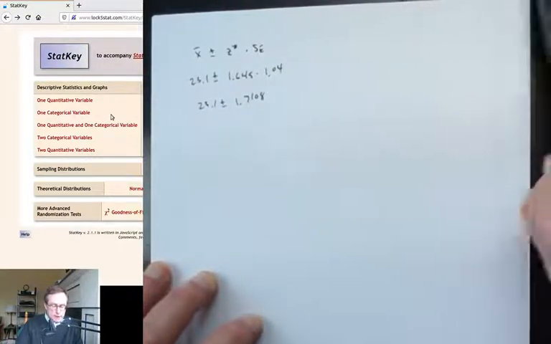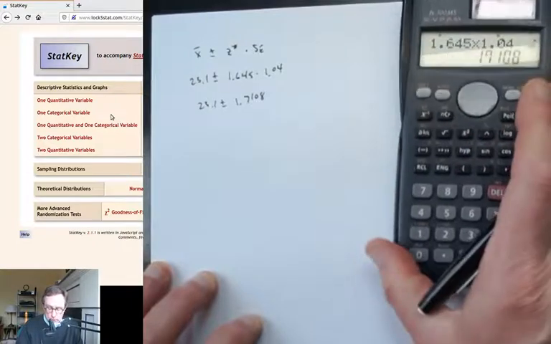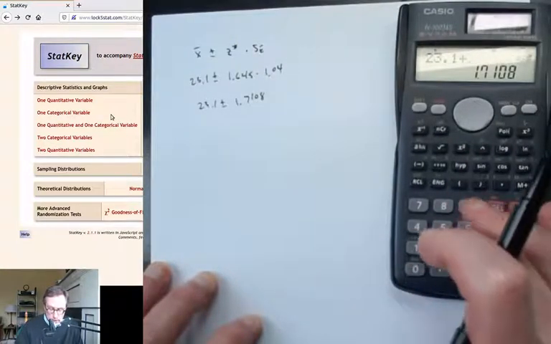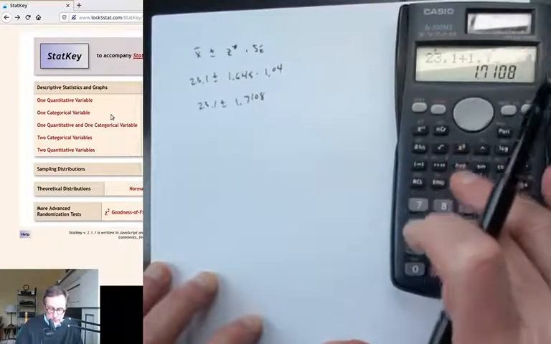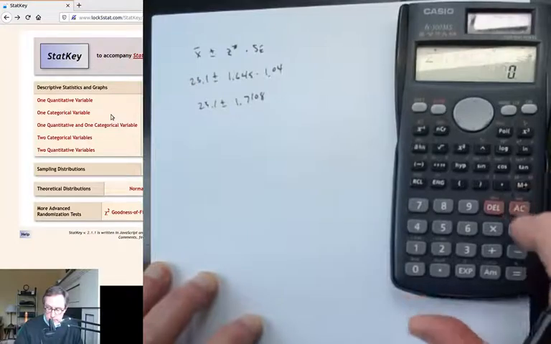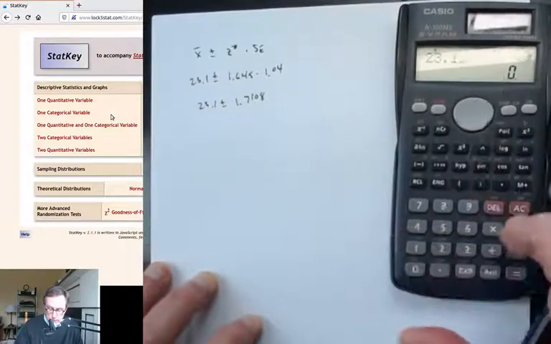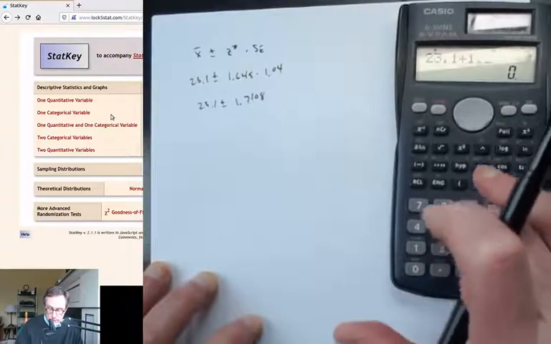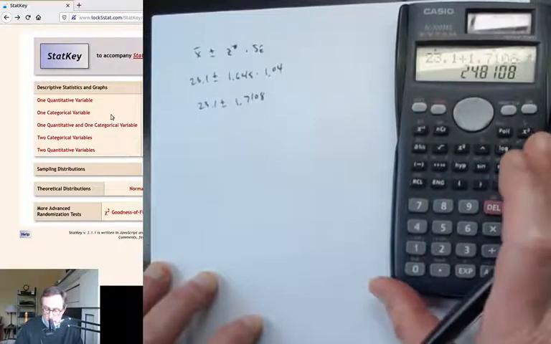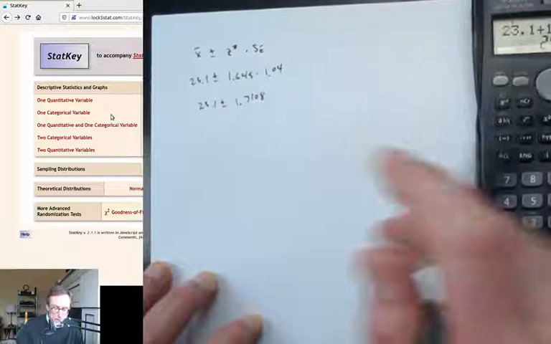Okay, so let me try the adding and the subtracting. 23.1 plus 1.7108 is 24.81.